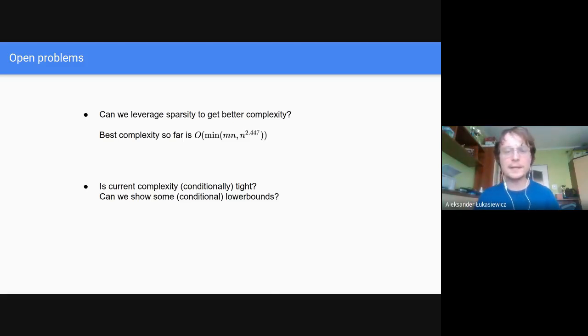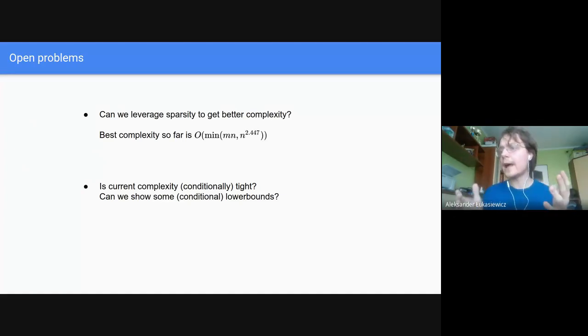Mainly the problem is that we can have a sparse graph as input, but after we compute this transitive closure, it might not be sparse anymore. So actually, we don't know anything better than just using our algorithm or the naive brute force solution that runs in mn time.